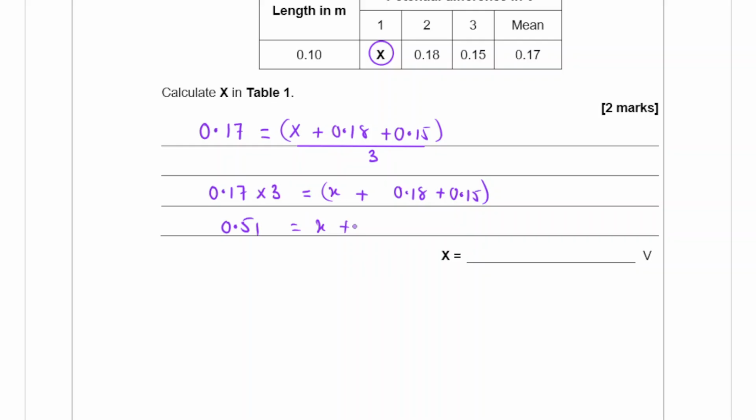That gives me 0.33. So X equals 0.51 minus 0.33. That's equal to 0.18.